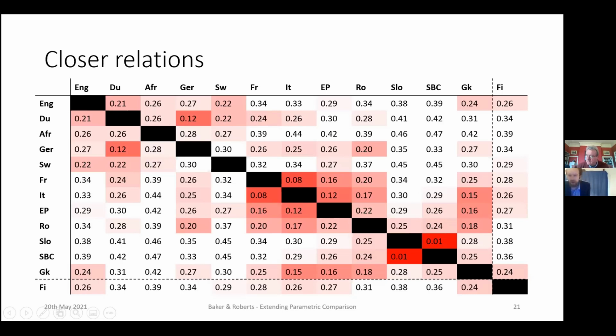We can also see that Greek is again particularly close to the Romance family. And Finnish, although it's closer to some languages than others, isn't particularly close to any of them, which is obviously what we would predict with it being the only non-Indo-European language.